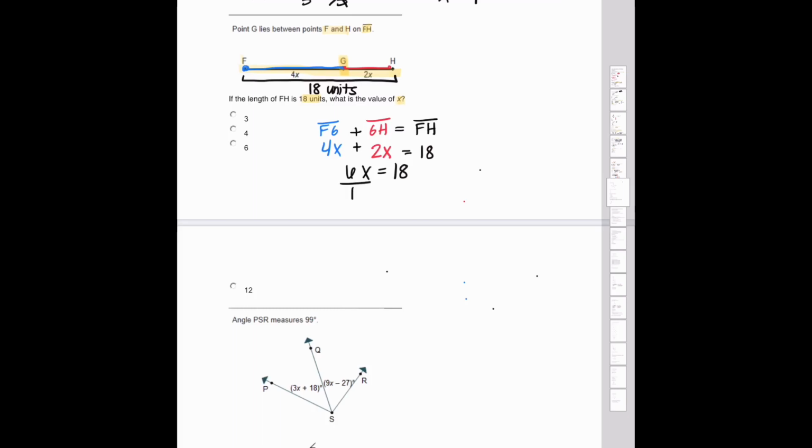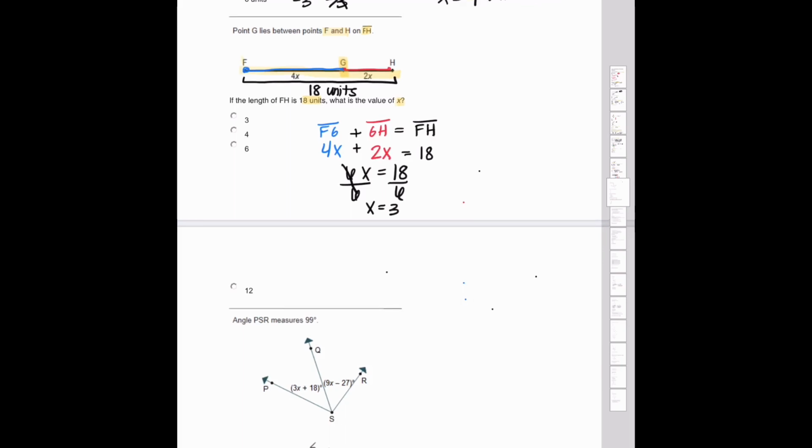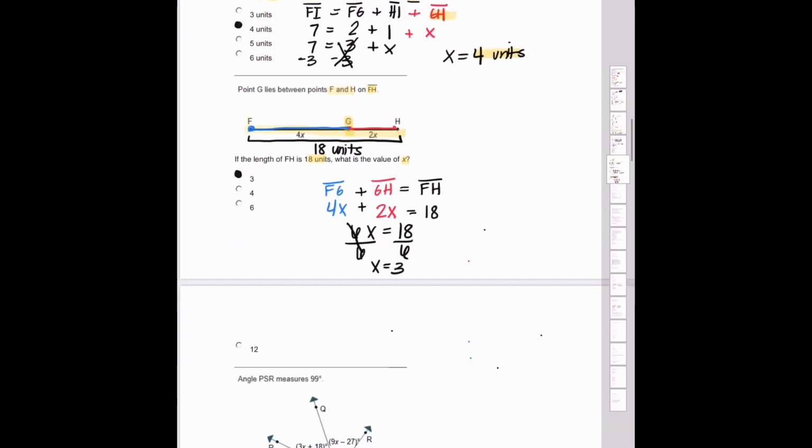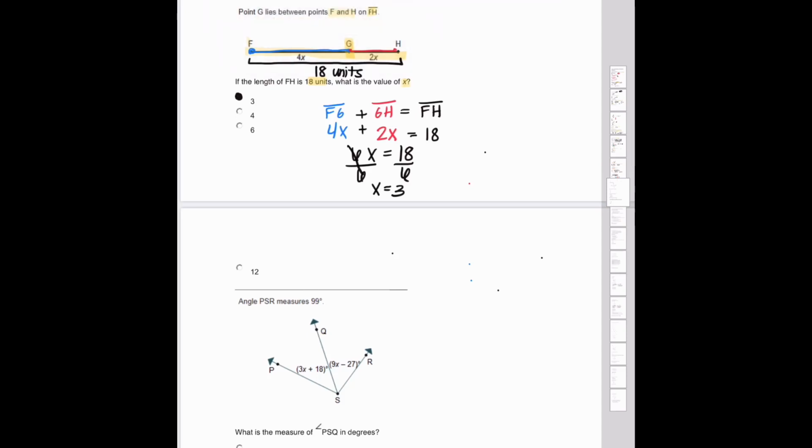We would divide by 6 on both sides, and we would get that x is equal to 3. Once again, we are looking for the value of x, which is 3.